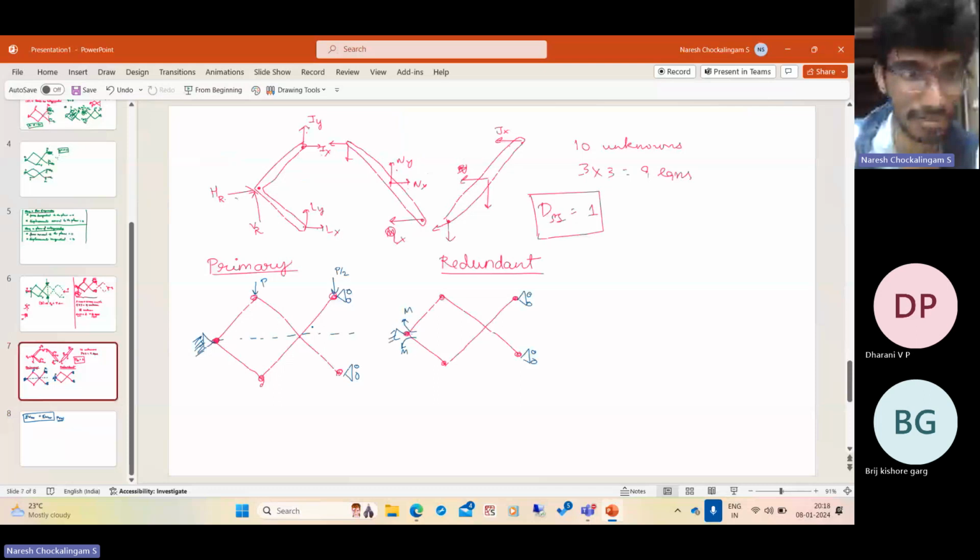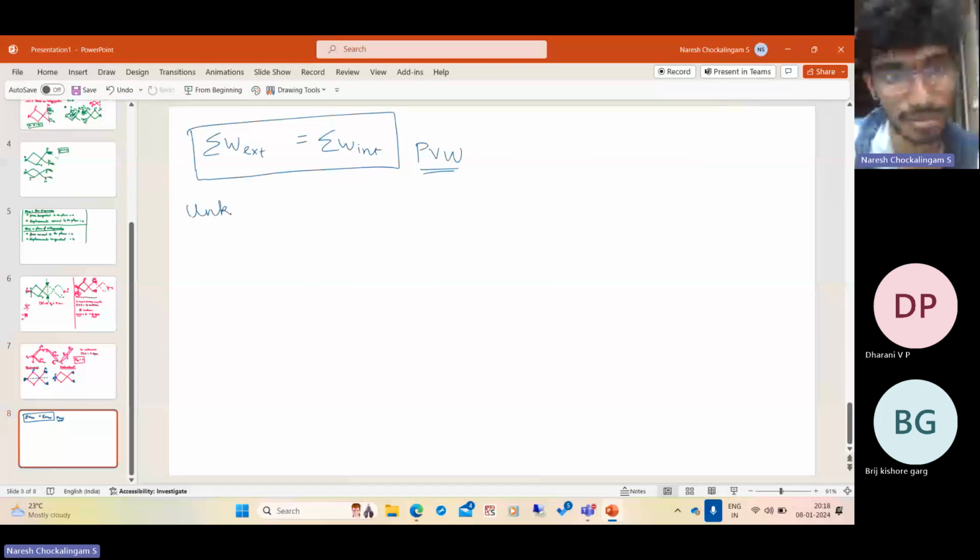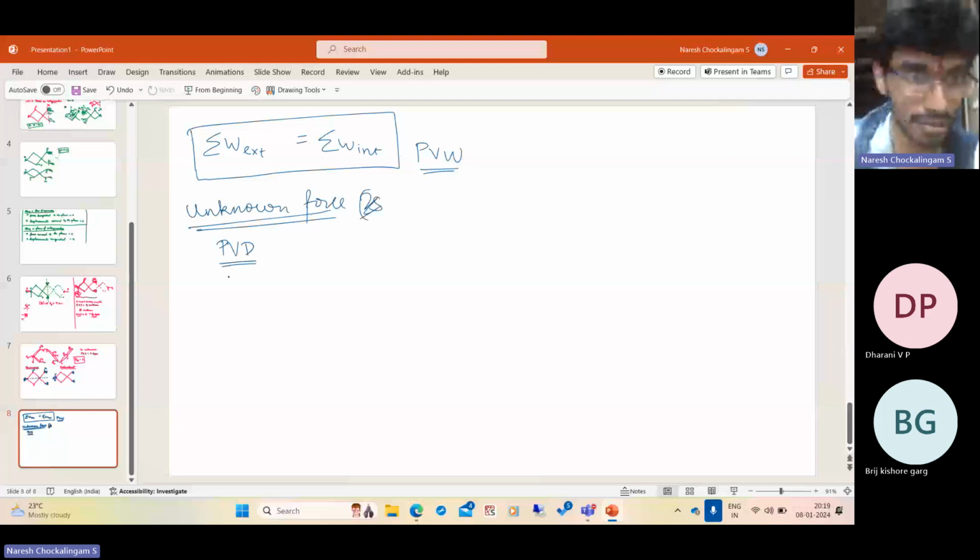This is what the principle of virtual work states. Now, if I want to determine an unknown force, we use the principle of virtual displacements. And this holds only for statics. Okay, we'll come to it. So we'll use the principle of virtual displacements.